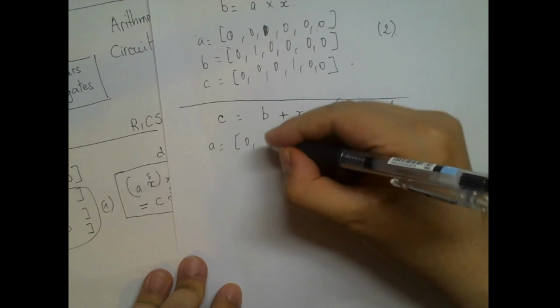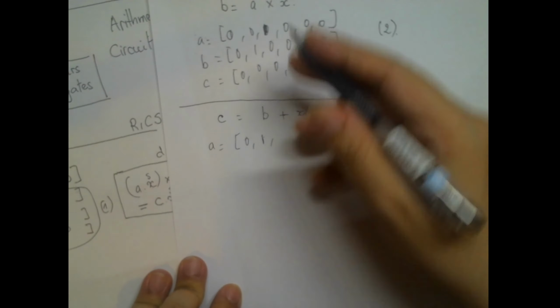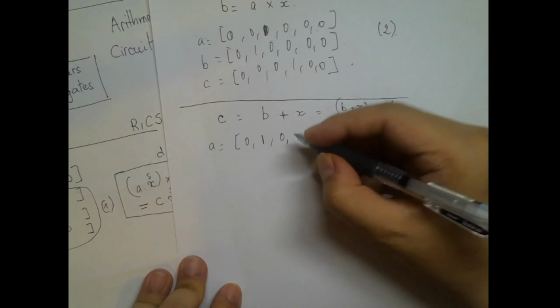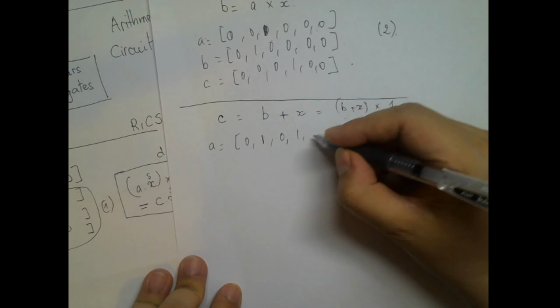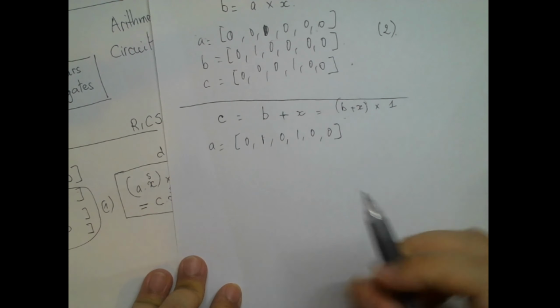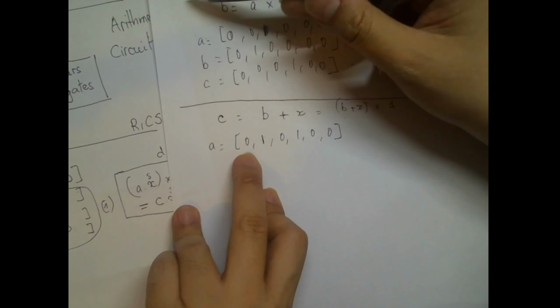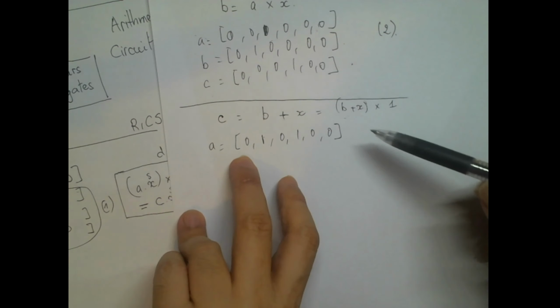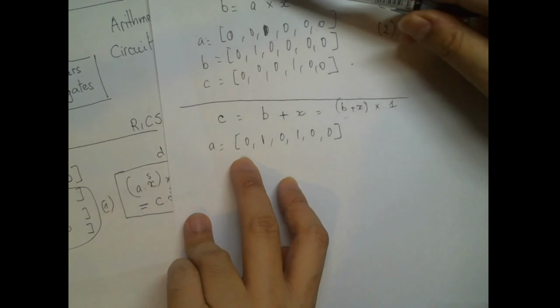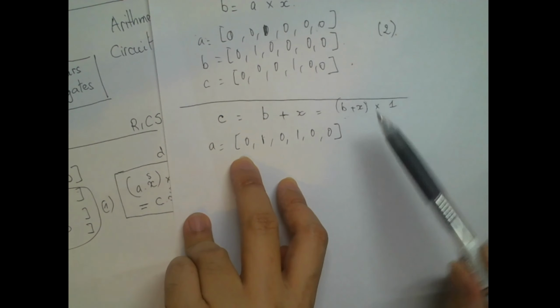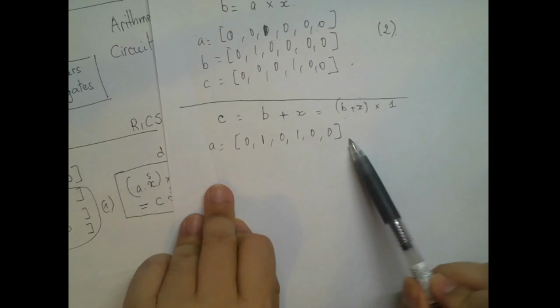We need the X, so we put a 1, so that this 1 times X equals X. We don't need the A, so it's going to be 0. We need the B, so it's going to be 1, and then 0, 0. Remember that we do scalar product between this guy and this guy, this guy and this guy. So the scalar product is by multiplying term by term, and doing the sum of all the values.